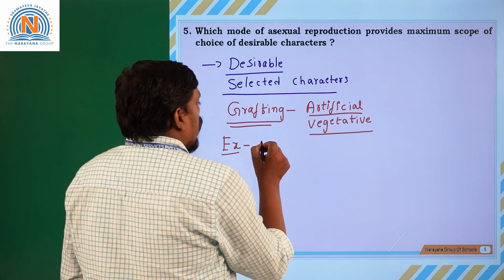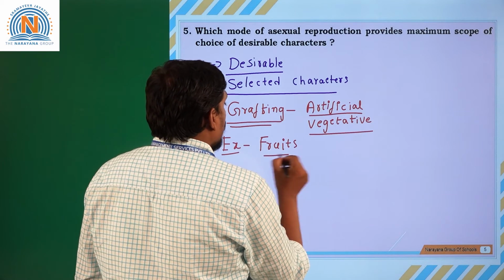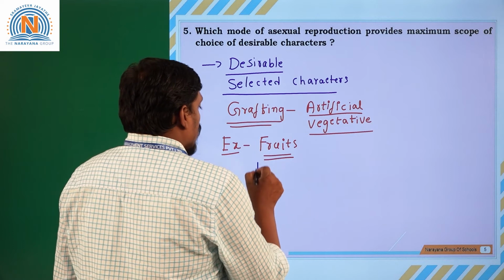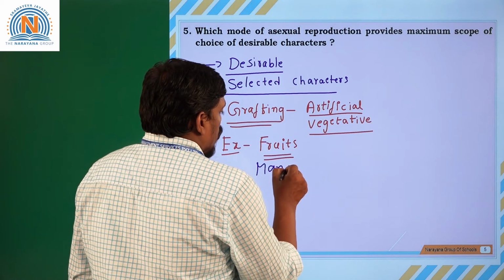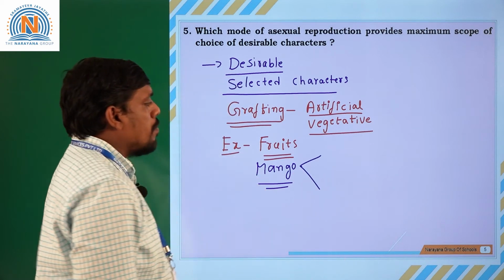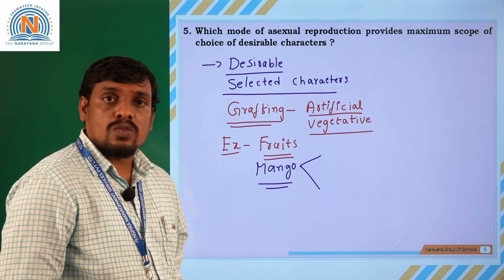Grafting is seen in fruit-giving plants. So what are fruit-giving plants? Such as mango. I know very well about Nuzividu mango. What are the characters of Nuzividu mango? The Nuzividu mango has some desirable characters. What are they?